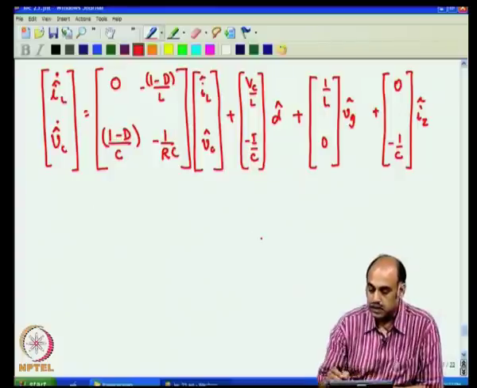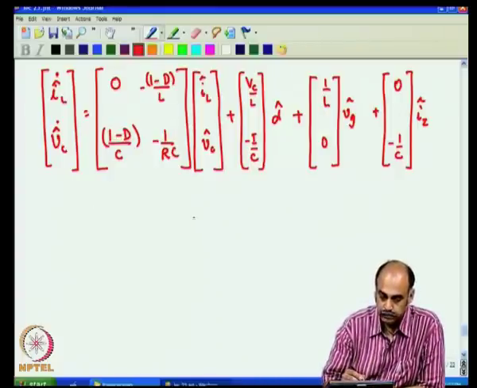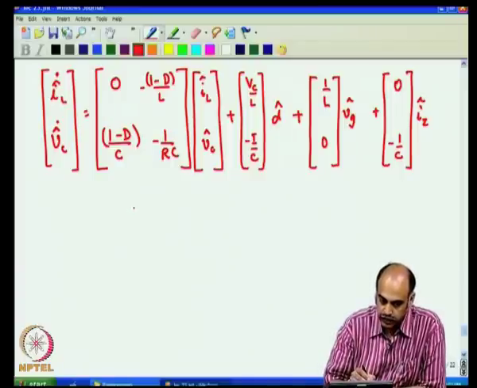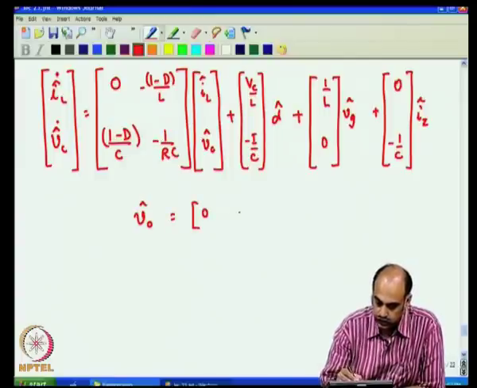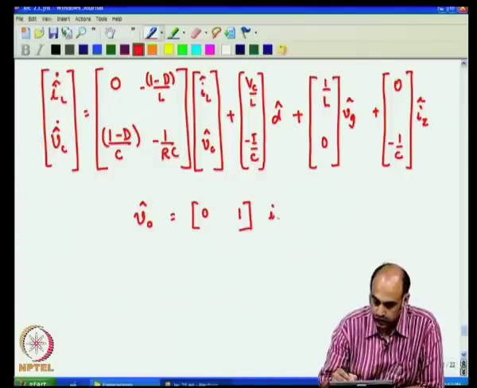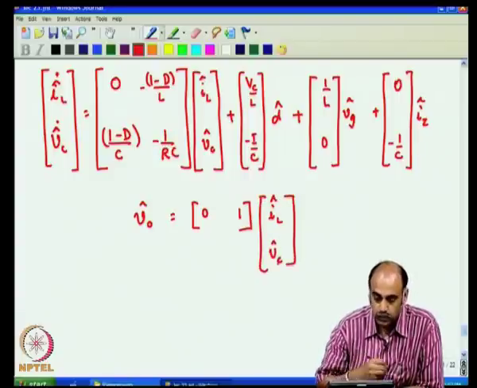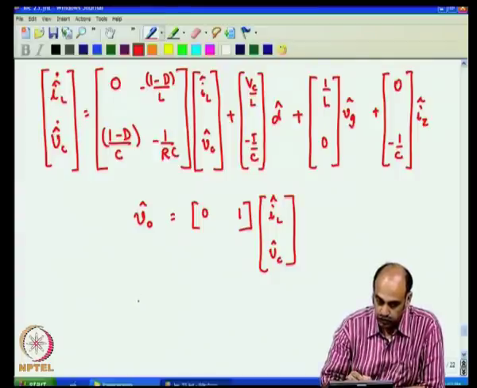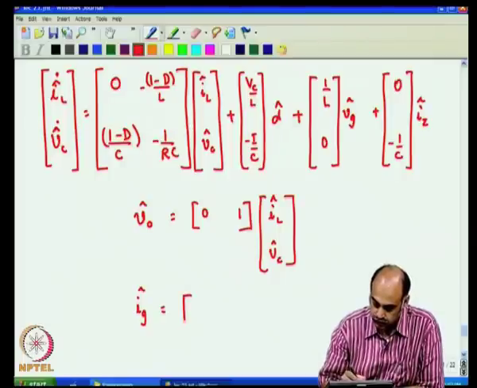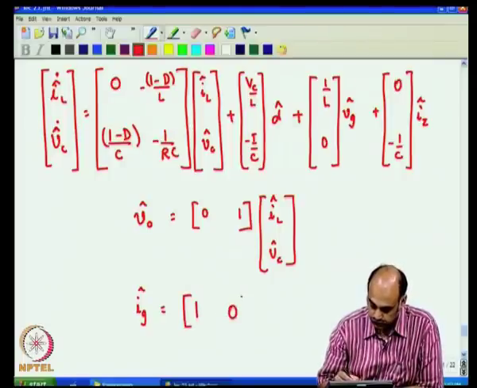So, this becomes the state equation of the small signal model, and plus you can have your output equations. So, the output equations would be of this form: 0 1, IL hat V C hat. So, this could be one equation, or you could have output as Ig, the input current itself, which is of this form.